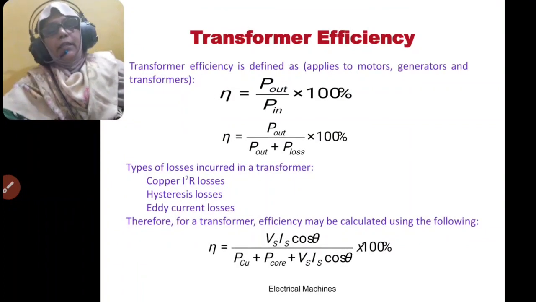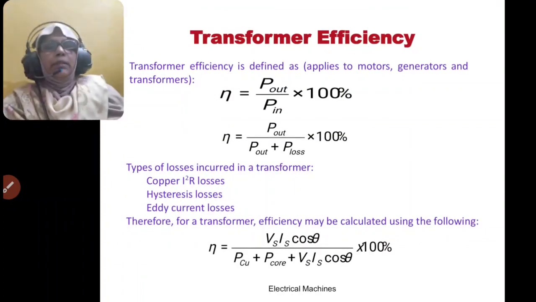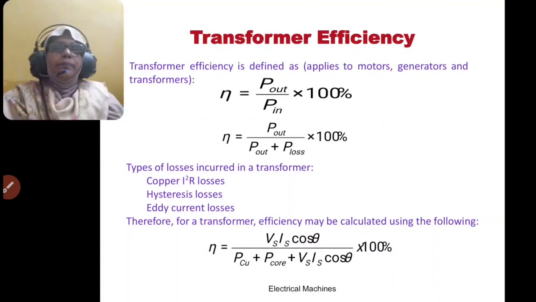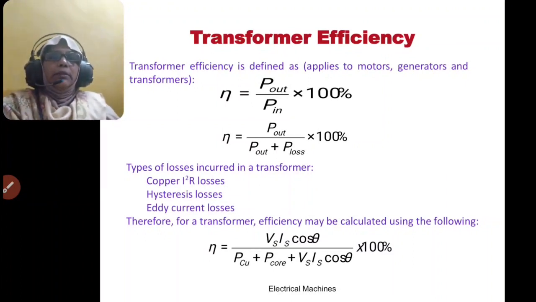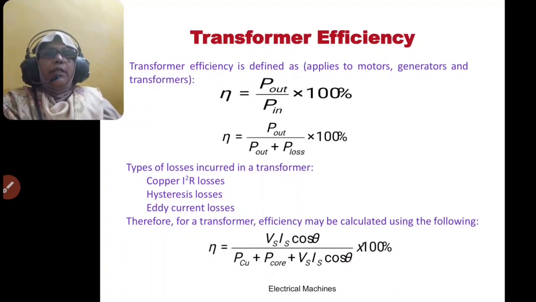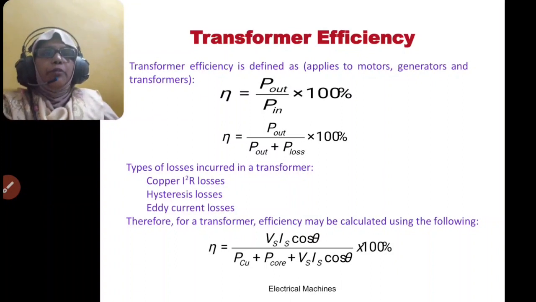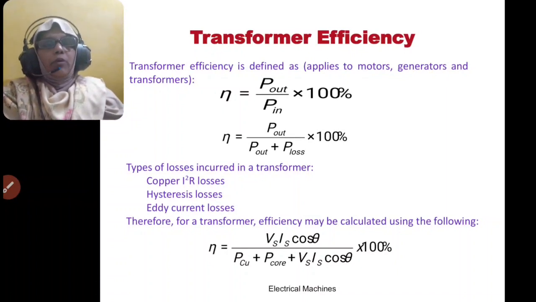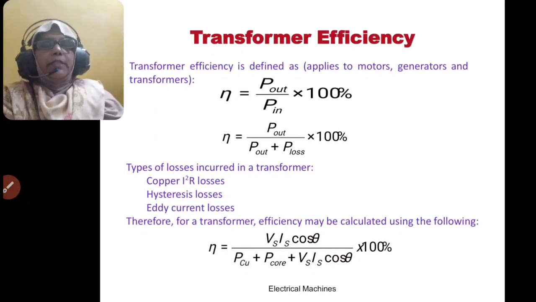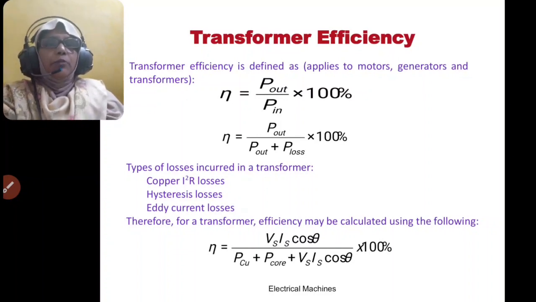Here we can see the equation to represent the efficiency of a transformer. Transformer efficiency is defined as the ratio of output power to input power. It is impractical to measure the efficiency of a transformer, that is, the output power and the input power have nearly the same value.